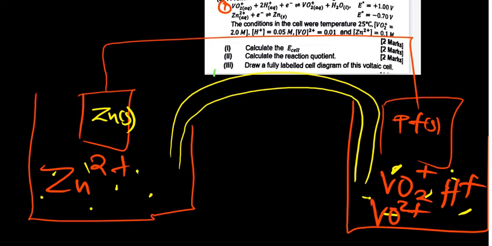Yes, sir. Unless you have a different view of what the reaction quotient is. Yeah, so the reaction quotient is Q itself.